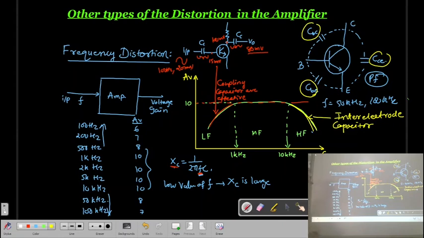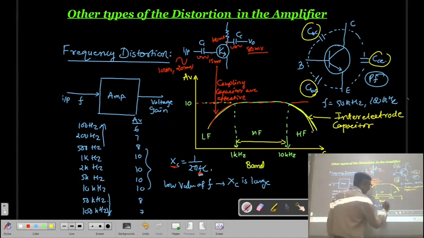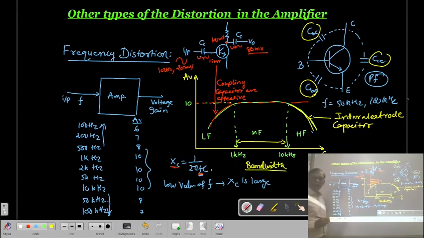Okay. Now for whatever range the response is flat, it is called the bandwidth of the amplifier. Bandwidth of the amplifier means for this frequency range, the amplifier is giving an equal response, and that frequency range is useful for amplification.